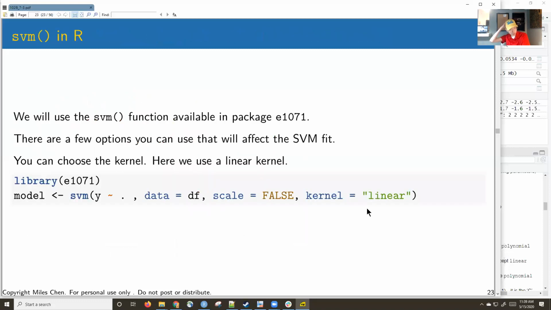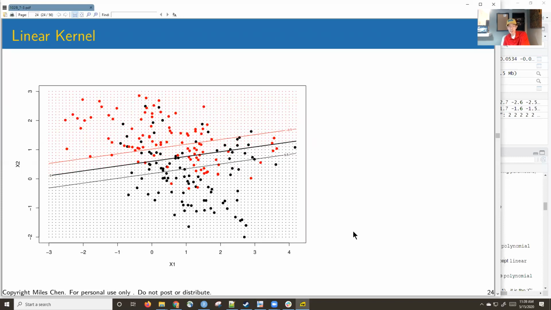There's a package e1071, and you can just say, hey, let's make a support vector machine using a linear boundary here, a linear kernel. And there you go. This is the best linear boundary that we can get that separates the black from the red. You know, some misclassifications, but we go, okay, I guess that's all right.